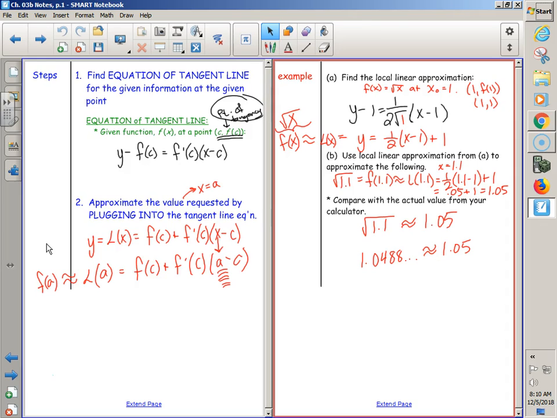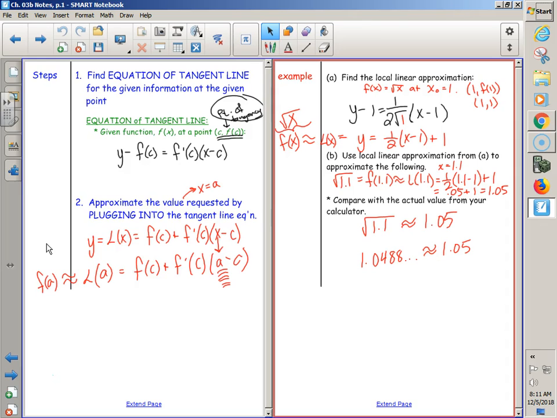So yesterday, I did not know the cubed root of 122. I had to do some math to approximate it. I did not know that, but what did I know? Pretty close. So I was like, oh, okay, if that's pretty close, then I'm going to use this as my point of tangency.